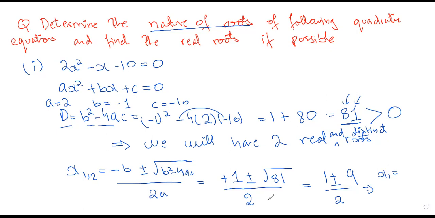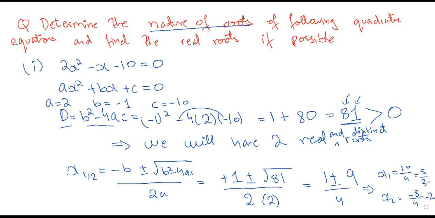Yes, very good. It is 4, right? So we are going to get 10 by 4 and x2 is going to be minus 8 by 4. So this is 5 by 2 and this is minus 2, right?